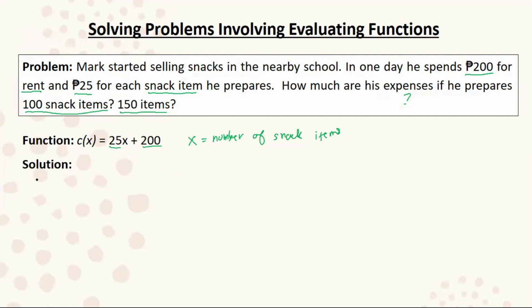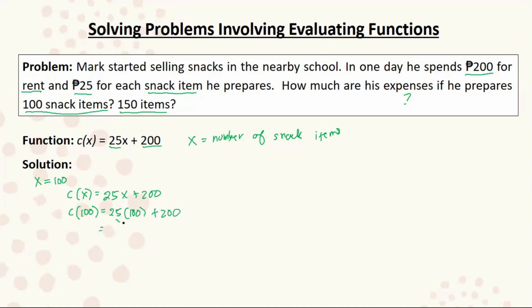So using this function, we can now answer the question. If he prepares 100 snacks, how much are his expenses? So this is the function. Then simply substitute x is equal to 100. We have c of 100 equals 25 times 100 plus 200.